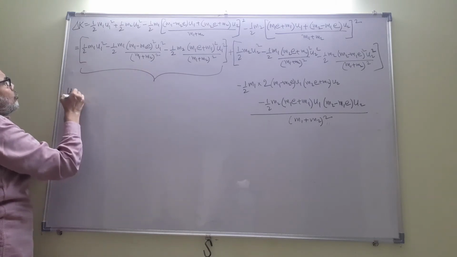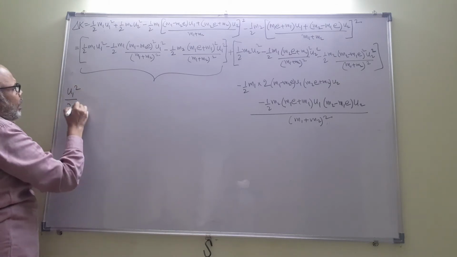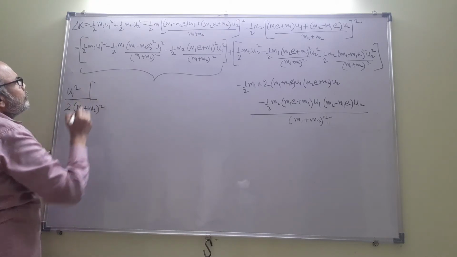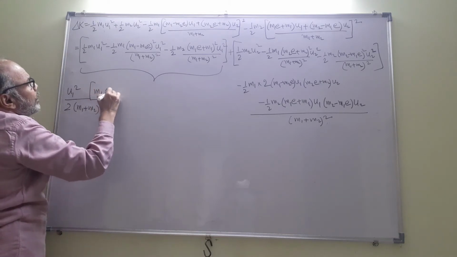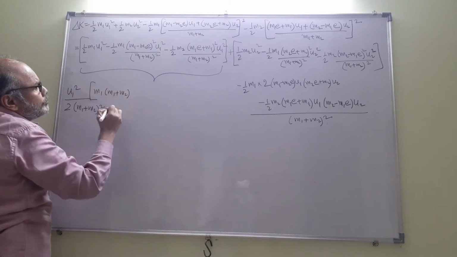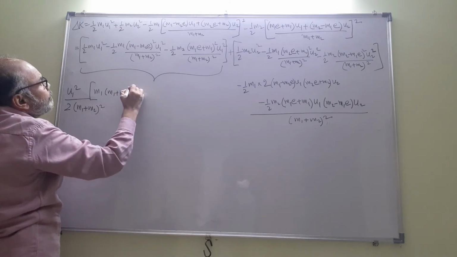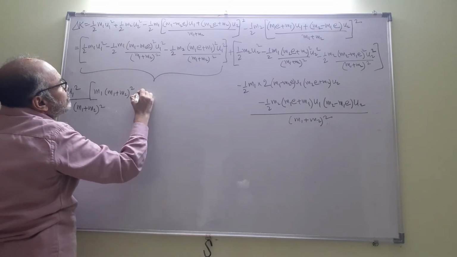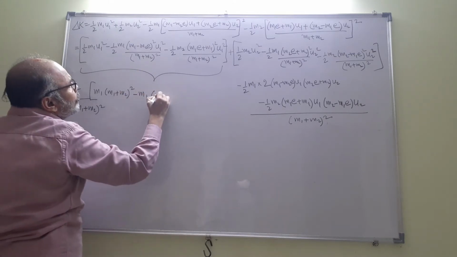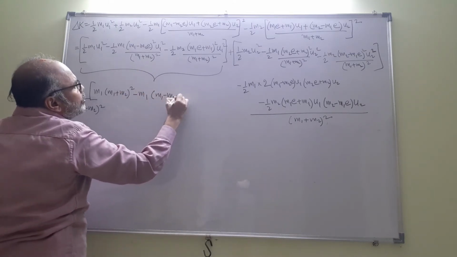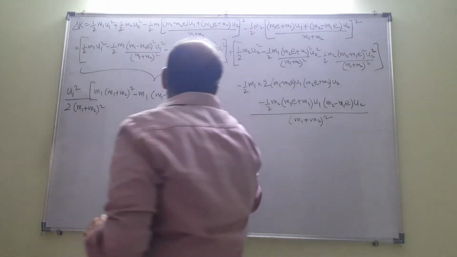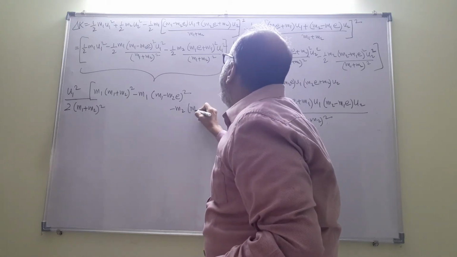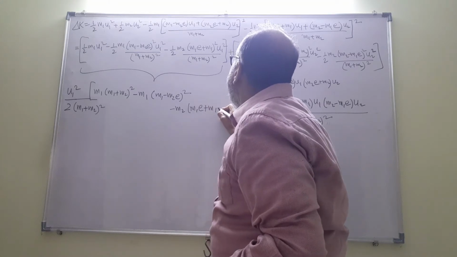So you will have this as u1 squared by 2, and here you will have (m1 plus m2) the whole square into m1 into (m1 plus m2) the whole square, and here you are going to have minus m1 into (m1 minus m2 e) the whole square, and here you will have minus m2 into (m1 e plus m1) the whole square.